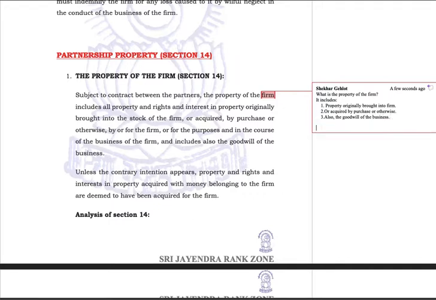Now, what is goodwill? It's a very complex term. It has different meanings and different connotations. But I will give you a very simple, clear example. Haldiram, a snacks joint in North India, or Sarvana Bhava in Tamil Nadu, or Reliance, Tata, Amazon.